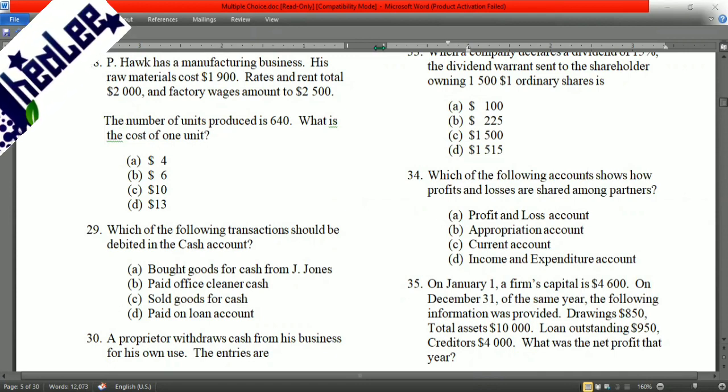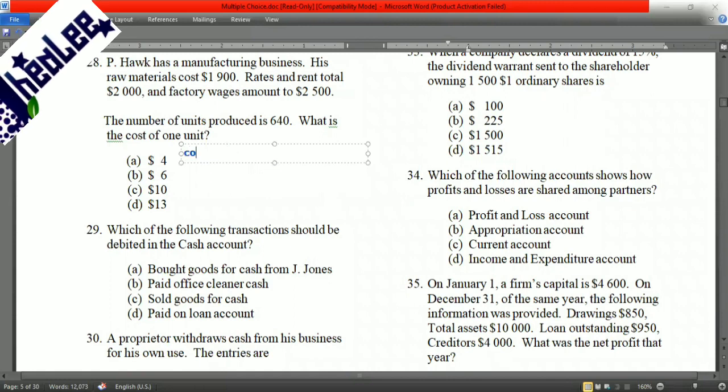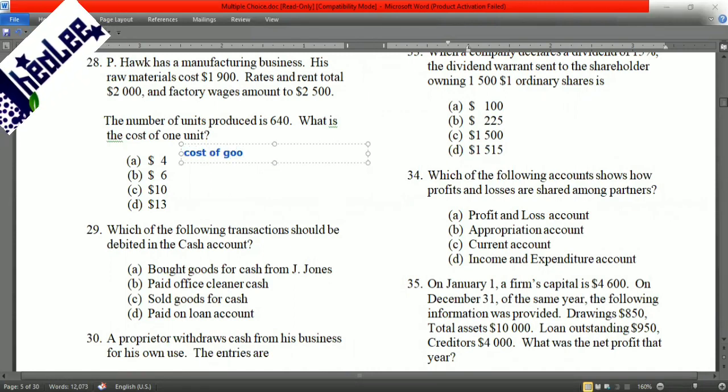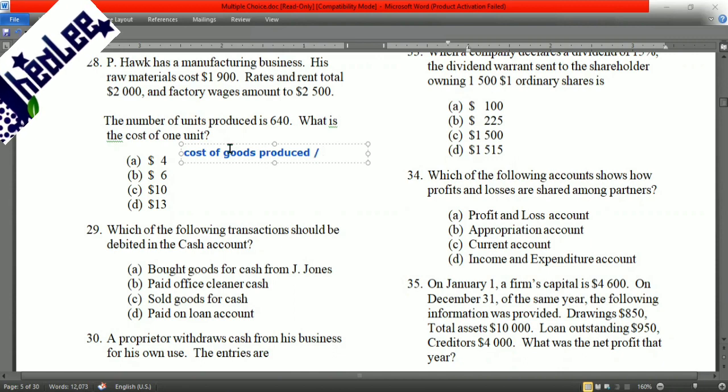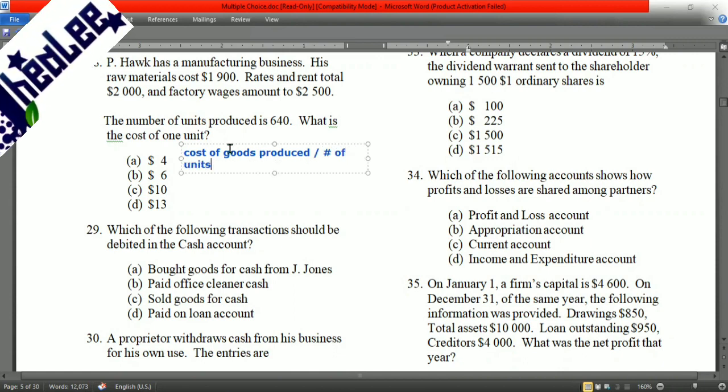Now, in order to calculate this, remember, you would divide the cost of goods produced by the number of units produced.